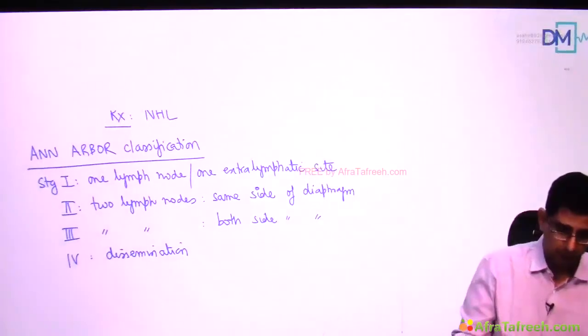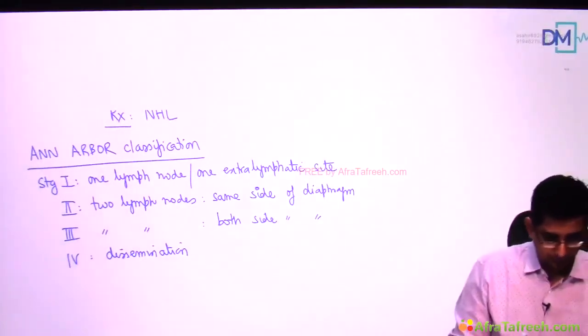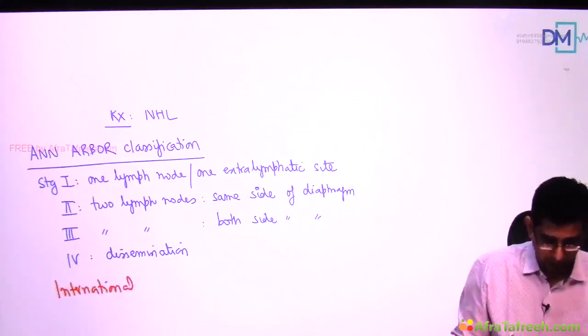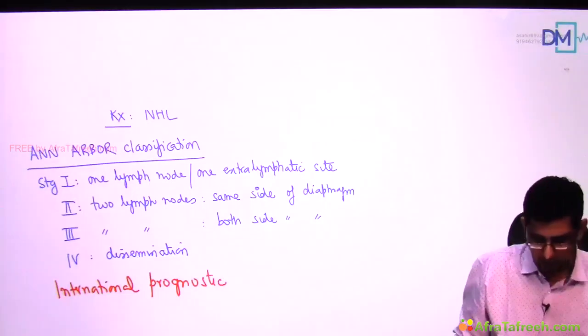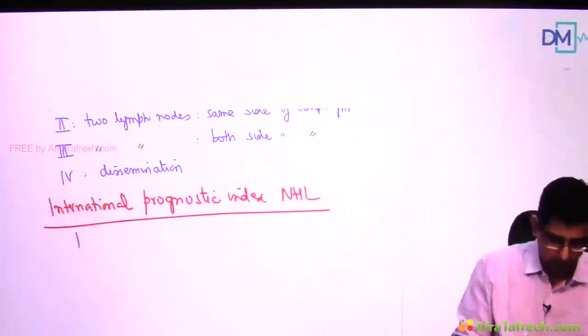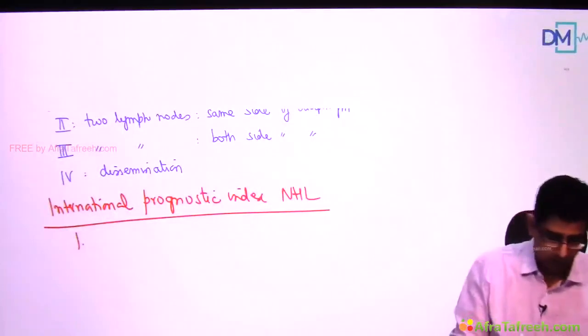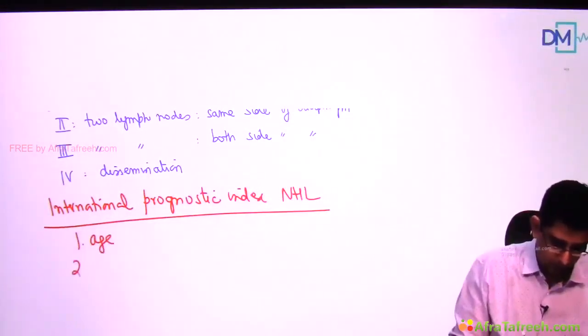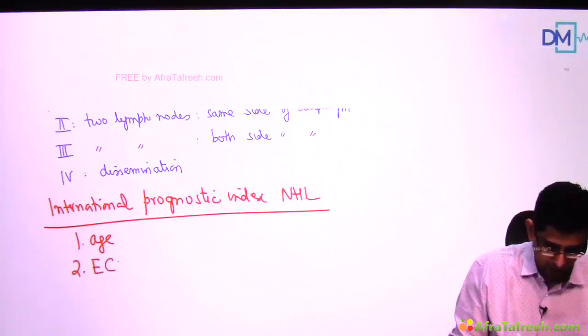Now, with the help of this Ann Arbor classification, we will be able to determine the International Prognostic Index, or IPI, in patients of non-Hodgkin's lymphoma. In the International Prognostic Index, first you take into consideration the age of the patient. Then you take into consideration the Eastern Cooperative Oncology Group performance status.